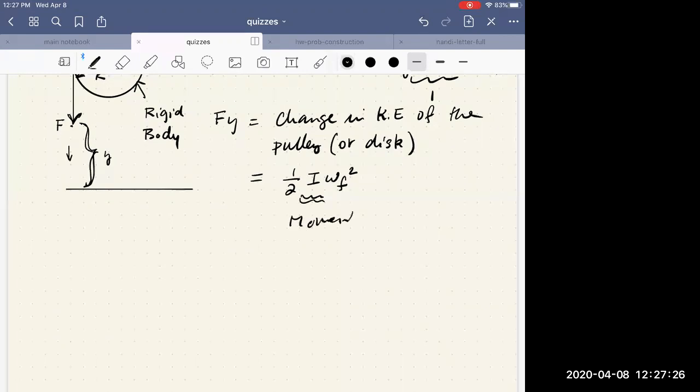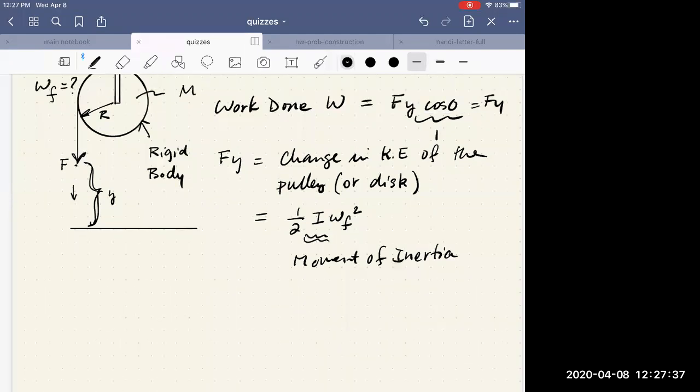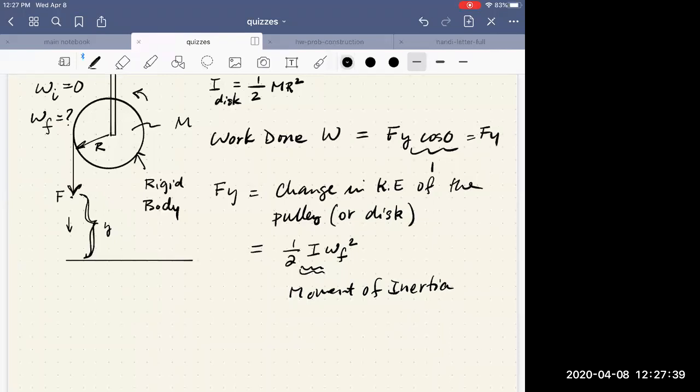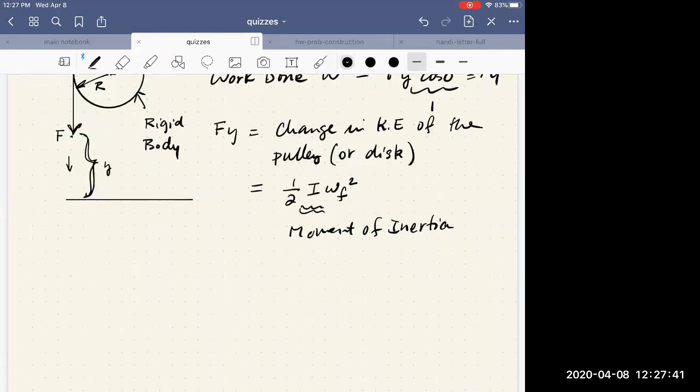So this is moment of inertia. And then you have the angular velocity or speed, which is omega. And here we are talking about omega final only because omega initial is 0. So what we therefore have is Fy is equal to 1/2 I omega final squared.